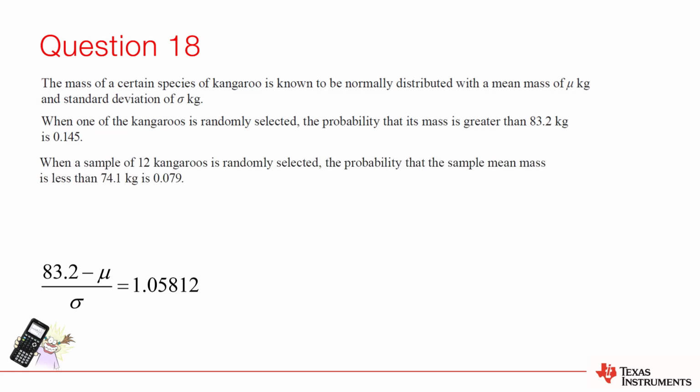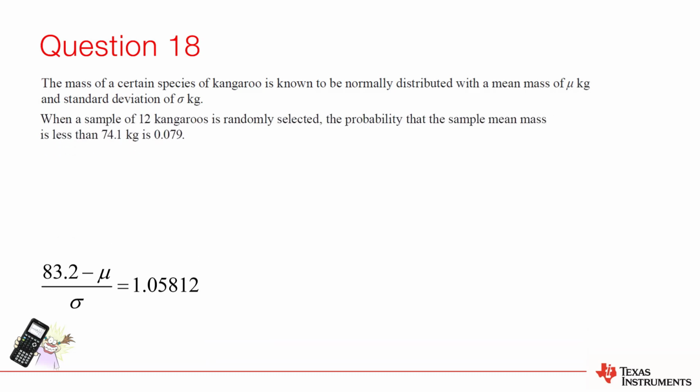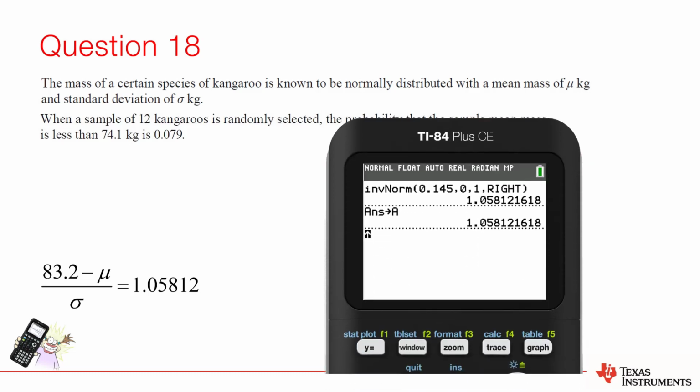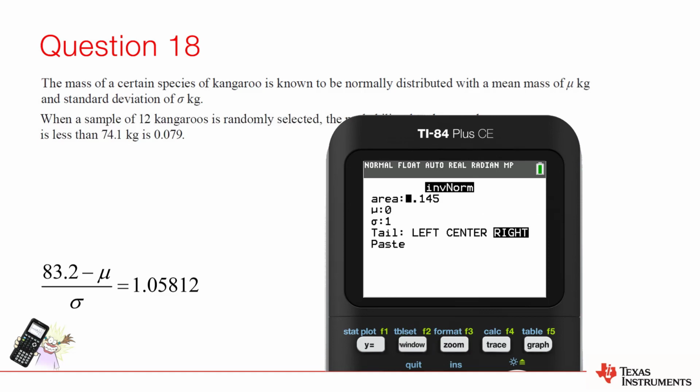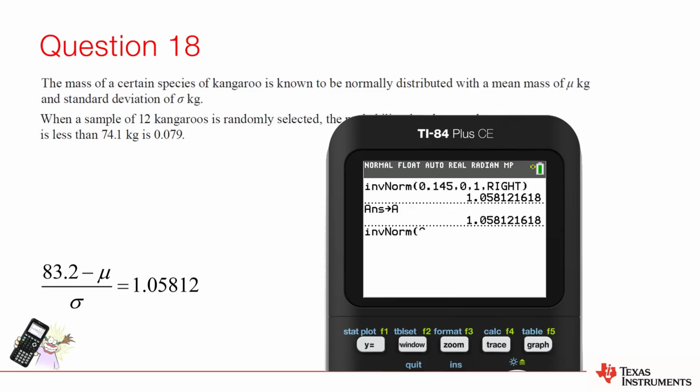The second piece of information relates to a sample of kangaroos. Here I'm told that the probability of the average mass of 12 kangaroos being less than 74.1 is 0.079. Using the same approach as before, the z value is -1.4118.